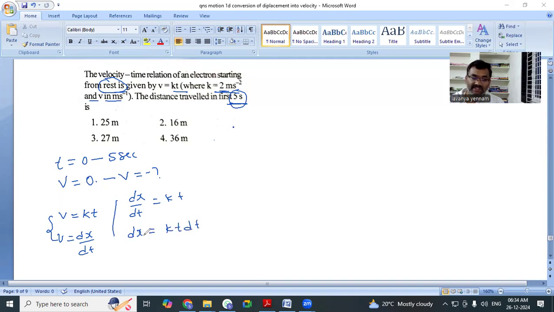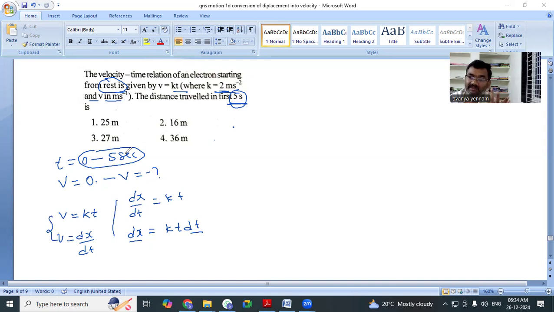What is the meaning of this equation? When the time changes by dt seconds, then the displacement is dx. For a small duration dt, the displacement is dx. But here the time is changing from 0 to 5 seconds.